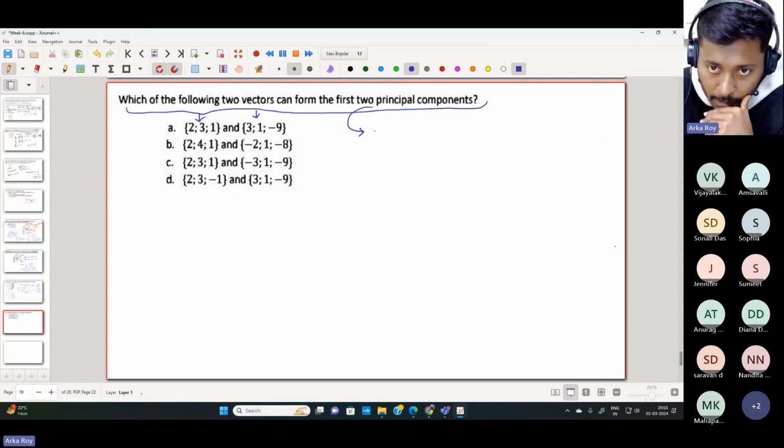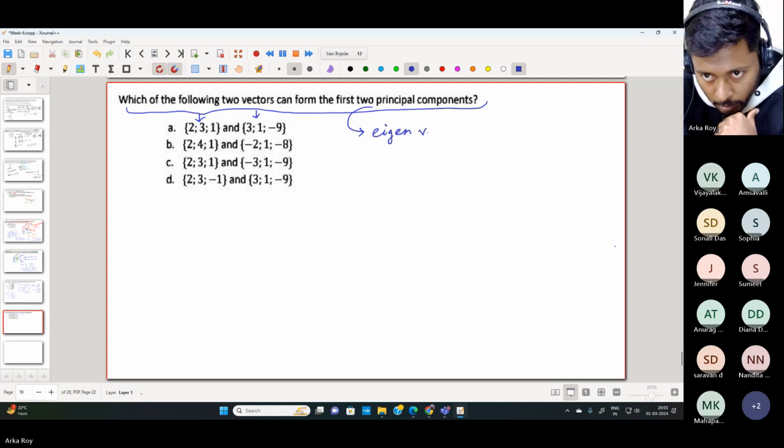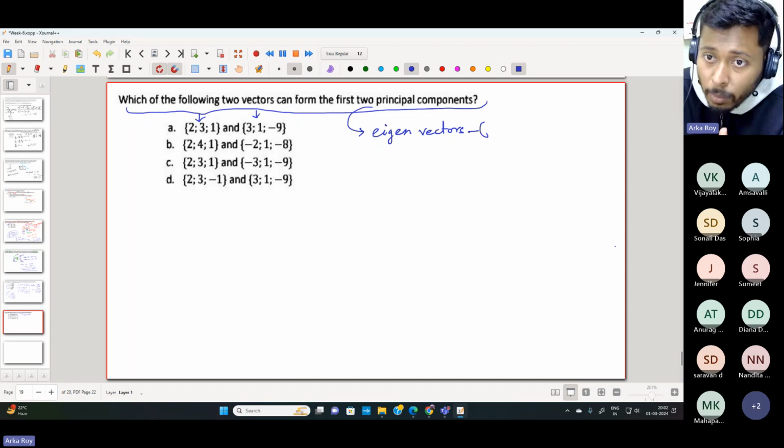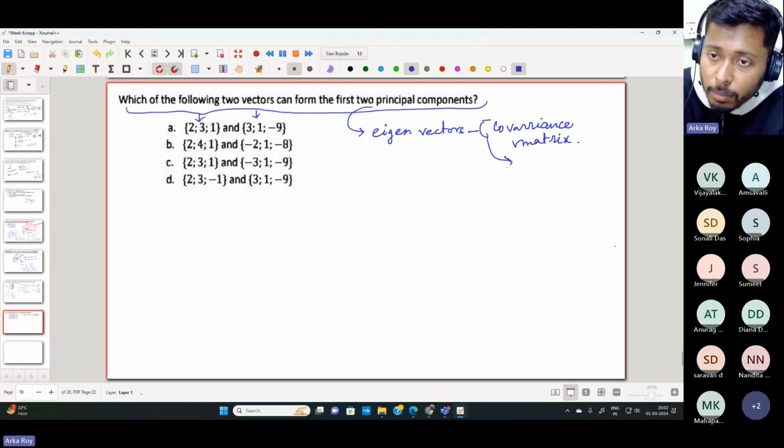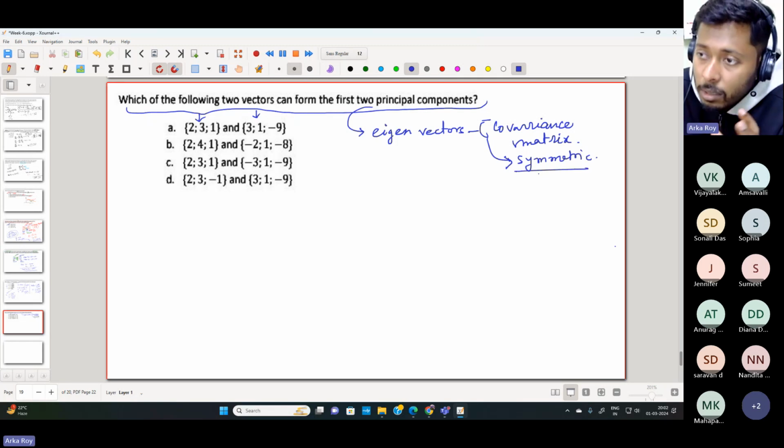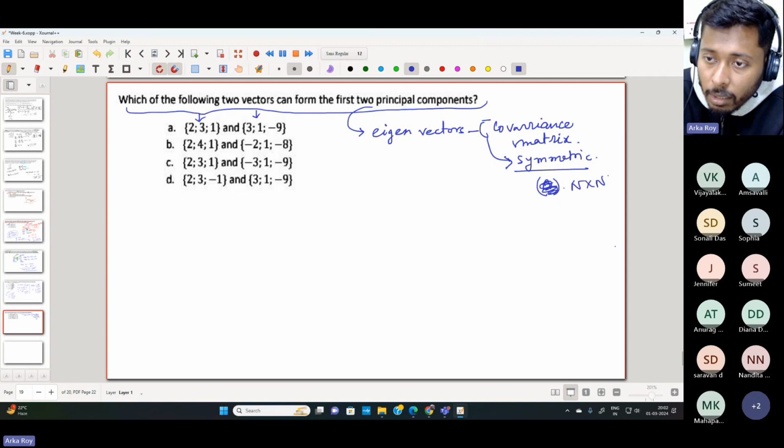Principal components are basically the eigenvectors, and these eigenvectors are collected from the covariance matrix. Generally this covariance matrix is symmetric, and the covariance matrix is a square matrix as well, so this is n cross n.